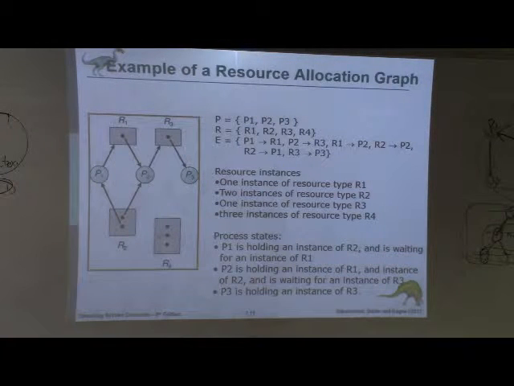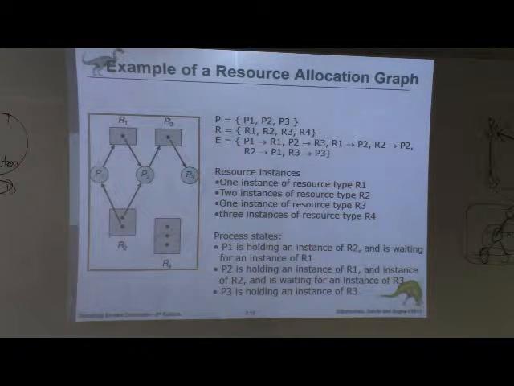How many resource types here? R1, R2, R3, R4. We have 4 resource types. For example, R1 has only 1 instance, and R3 also 1 instance, but R2 has 2 instances, and R4 has 3 instances. Then, the arrows: we are going to start from P1.